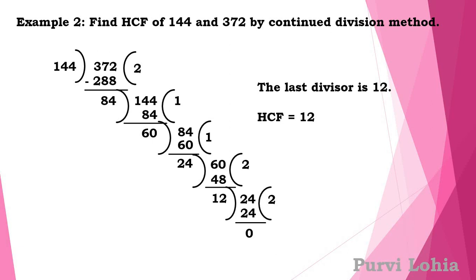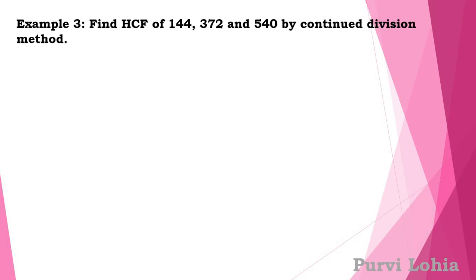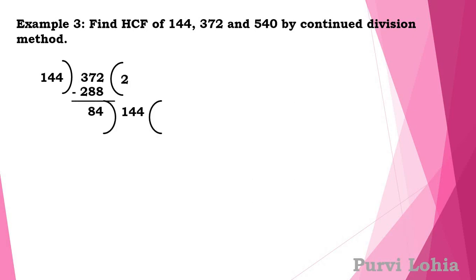Next example. Now in this case you are having three numbers, 144, 372 and 540, and you have to find the HCF by continued division. In this case the first two numbers are same, so I'll just show you. When you divide it, it will go like this.